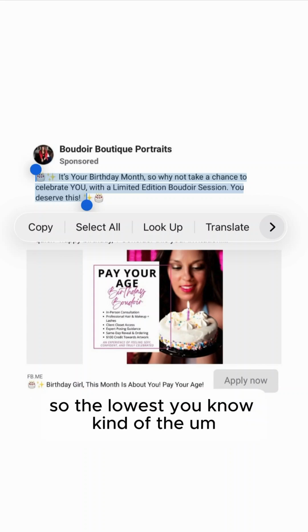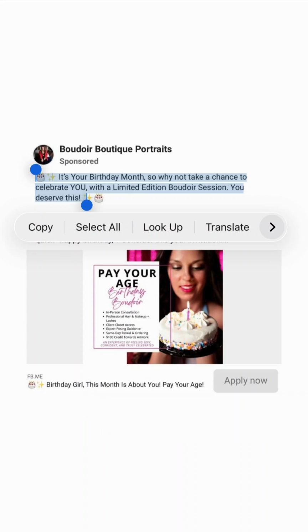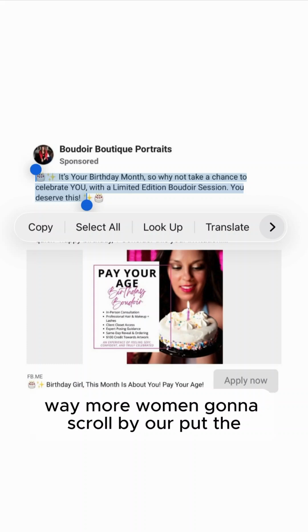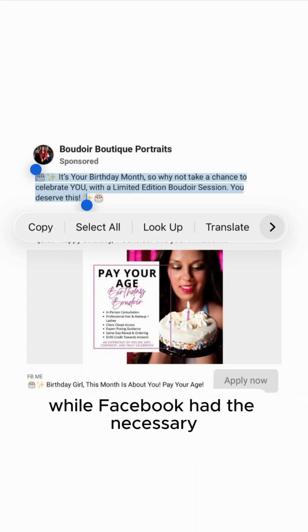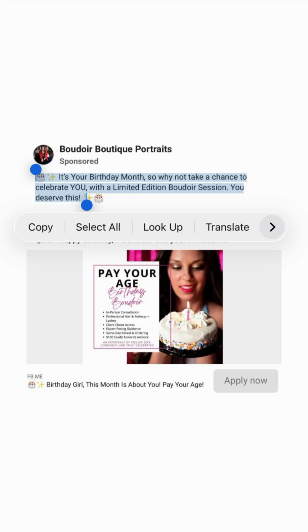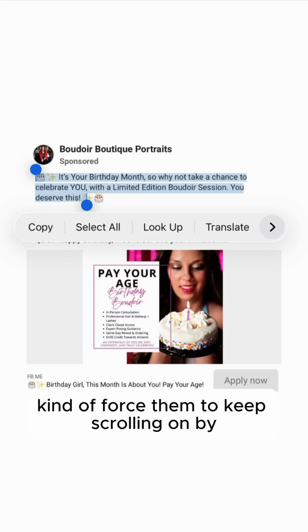So the consequence of this is way more women are going to scroll by our boudoir Facebook ad than necessary. That could have been perfect to click in and potentially buy from us, but the way we set it up kind of forced them to keep scrolling on by.